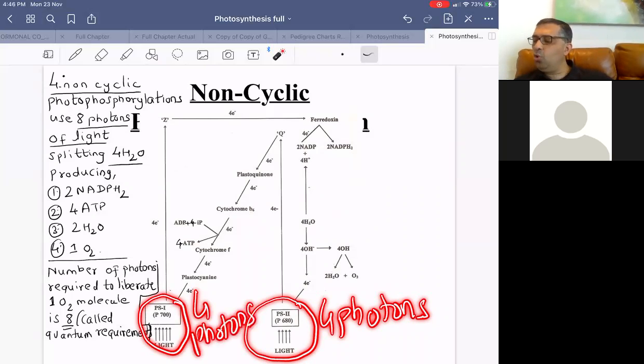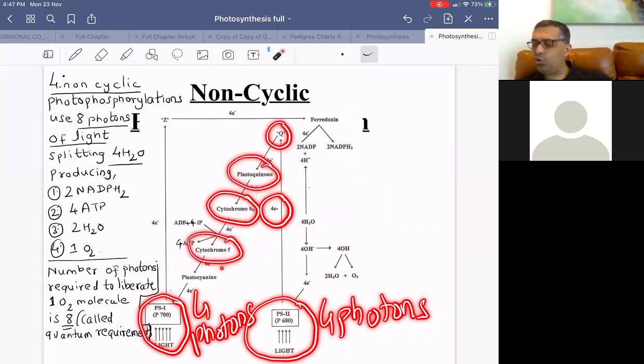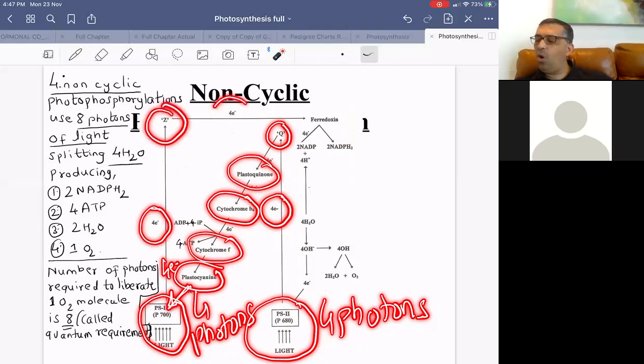And PS2 will give out 4 electrons, which will pass through plastoquinone, cytochrome B6, cytochrome F, plastocyanin, and 4 electrons will go to PS1. 4 electrons from PS1 will go to Z, and 4 electrons will go to ferredoxin.